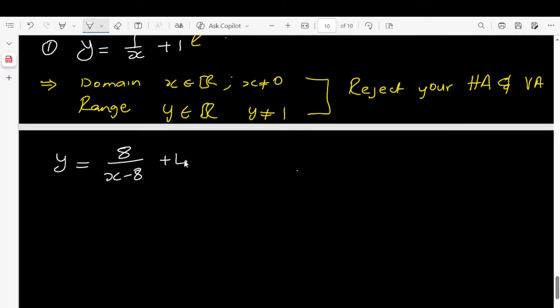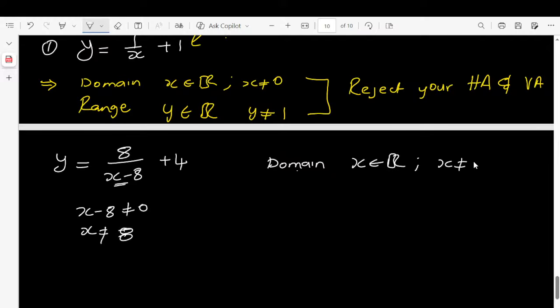We know that the domain of this graph is x must be an element of real numbers, but we need to reject the asymptote. So we take whatever we have in the denominator, we equate it to 0, it must not be equal to 0. Then when we solve, x must not be equal to what? x must not be equal to 8.